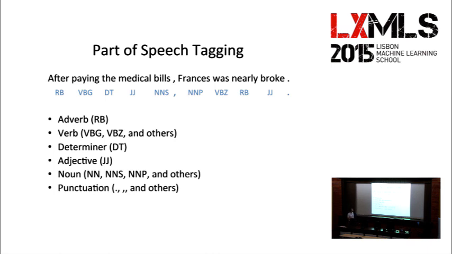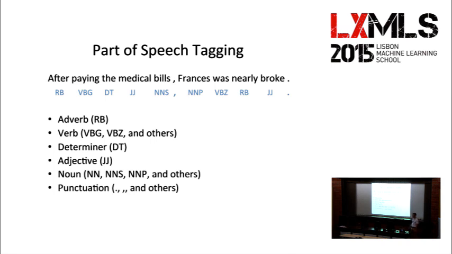So the word broke here is an adjective, but broke is also a verb. In this case, we can tell that it's an adjective because it's the right argument of this verb to be. It's a copular construction. OK, so we can use an HMM to solve this problem by letting the states correspond to the parts of speech and inferring the set of parts of speech given the words that we observe.